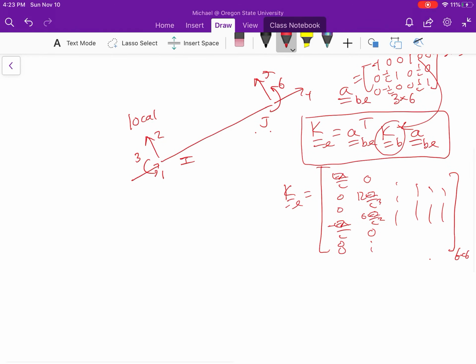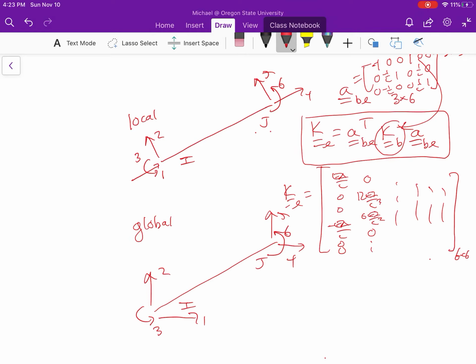But in order to assemble it into the structural stiffness matrix, KFF, we need to resolve that local stiffness into global directions, which coincide with the global directions X, Y, Z, so 1, 2, 3, 4, 5, and 6.